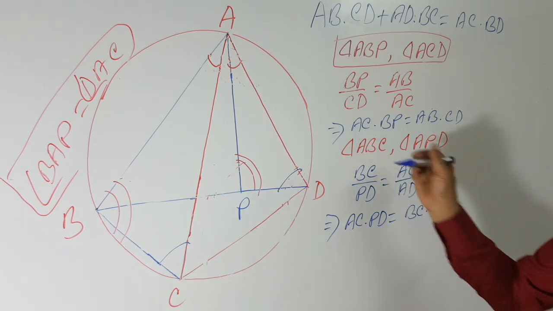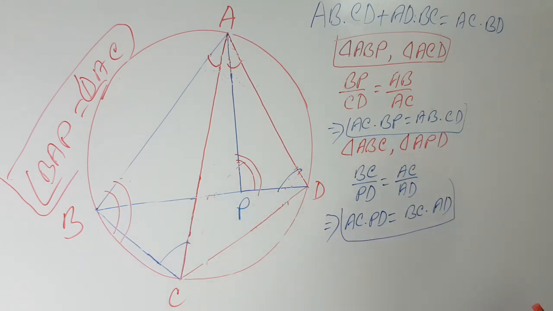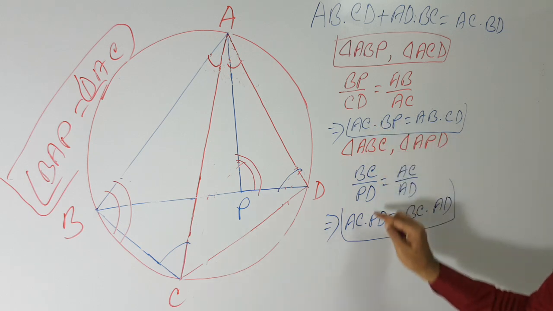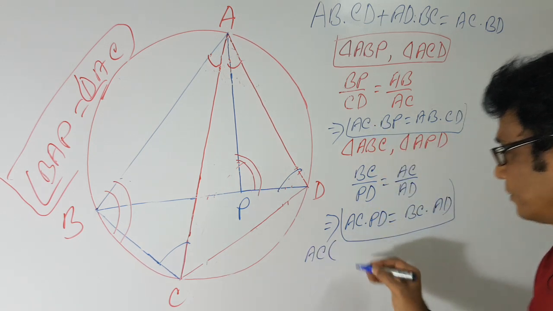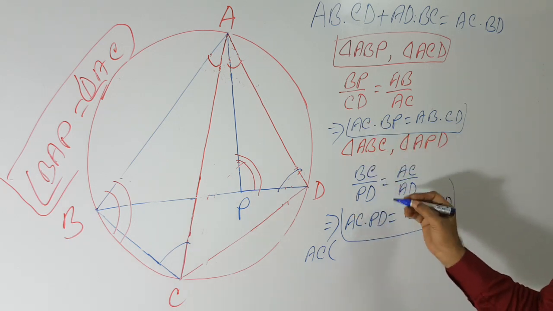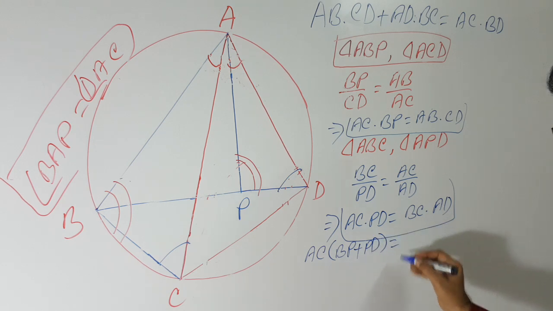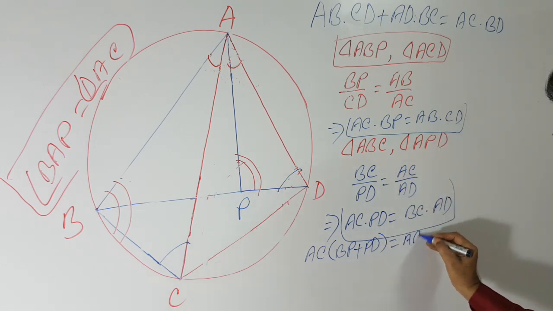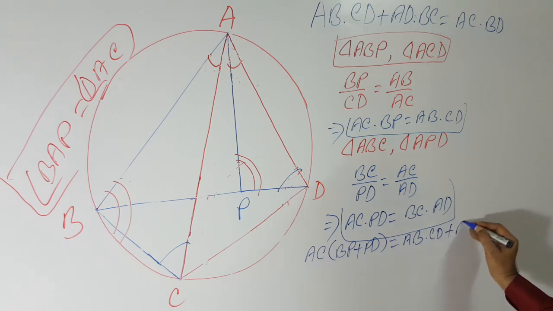By adding these, we get AC common: AC into BP plus PD equals AB into CD plus BC into AD.